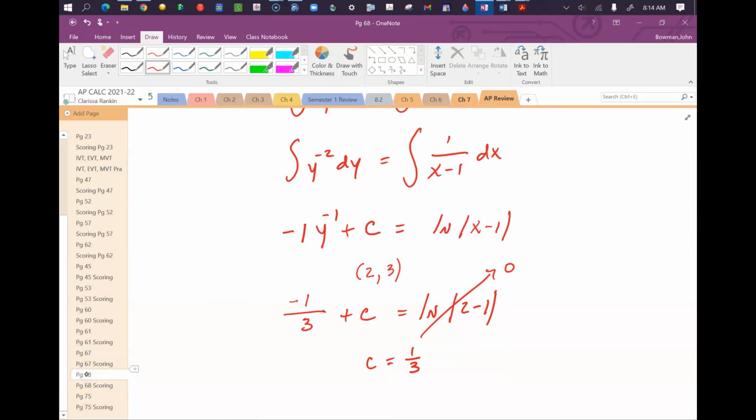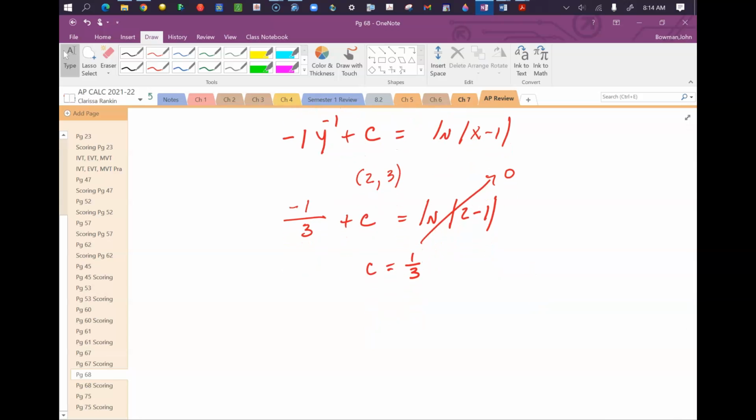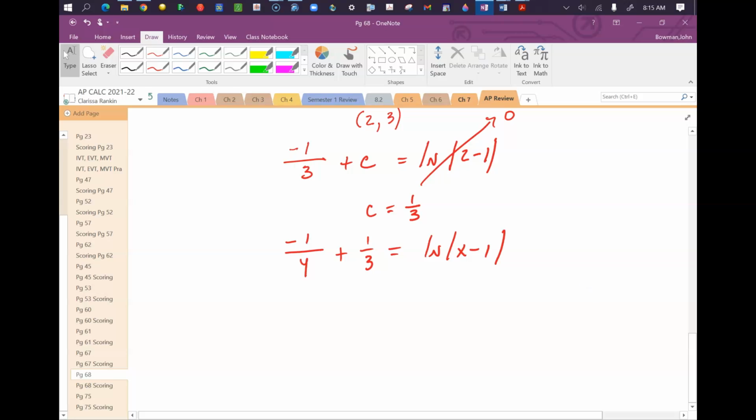The last thing we're going to have to do is solve this for y. So we go back to our original equation. Negative 1 over y plus 1/3 is equal to the natural log of the absolute value of x minus 1. All right, this should be relatively easy to do. So negative 1 over y is equal to natural log of the absolute value of x minus 1 minus 1/3.